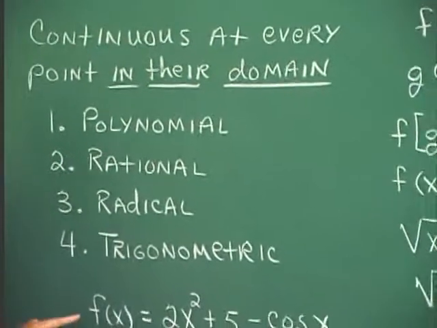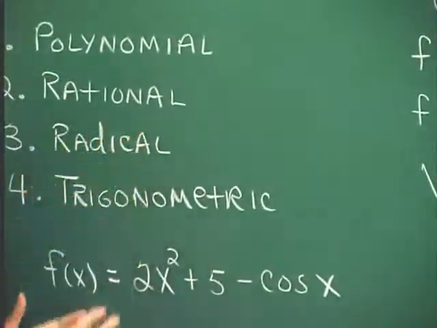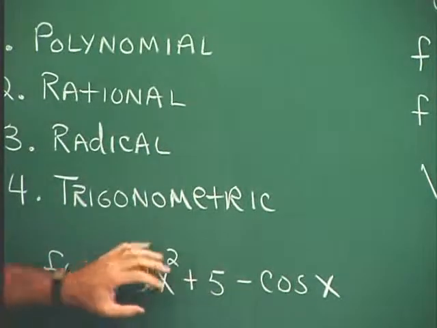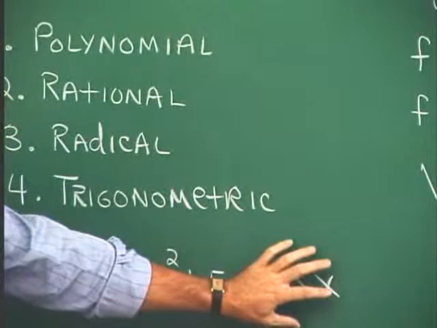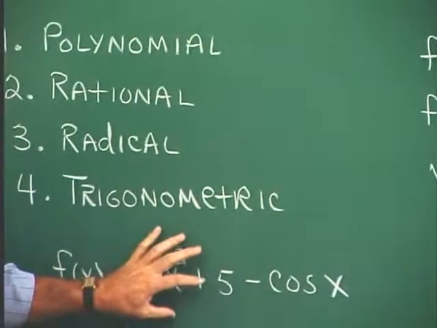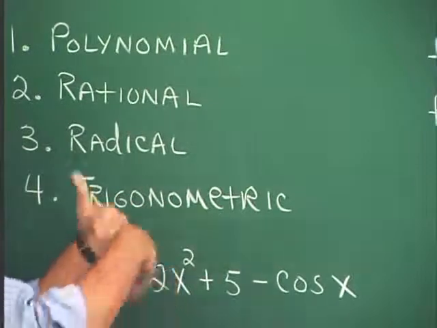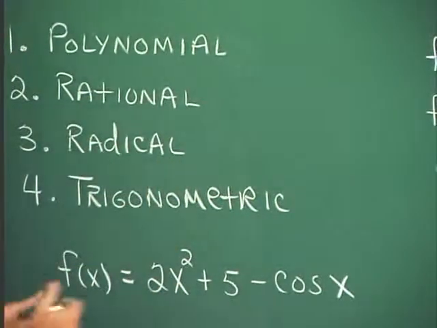For example, if f of x is this function, it looks weird, but we have a polynomial function minus a trigonometric function, and all of those are continuous. We're just subtracting functions, so by the properties we talked about before, f of x is going to be continuous.